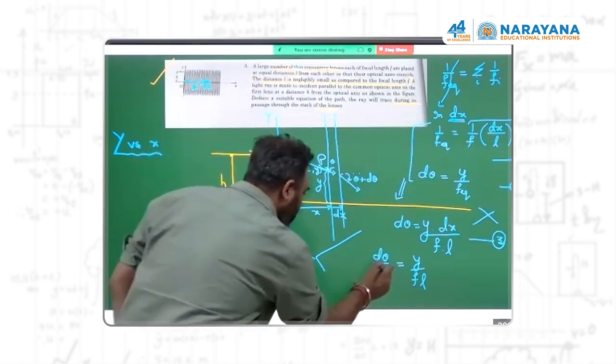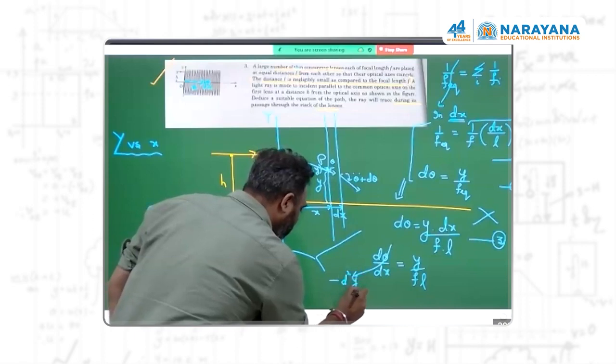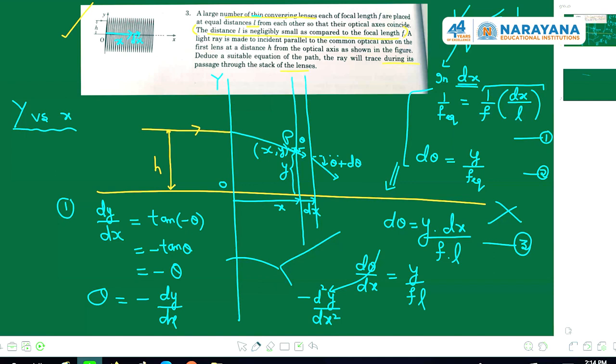So it comes out as minus d2y by dx2. That's what we get. So now it is simple calculation, because that means d2y by dx2 is coming out as minus 1 by fl multiplied by y.